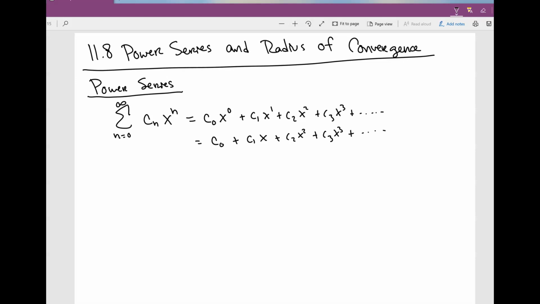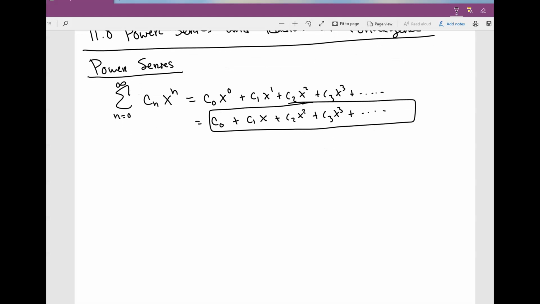This is an example of a power series because you have a constant. c can be any constant that you want: a 2, a 3, an e, a pi. Let's ignore the c for now and just figure out what x to the power of n is.